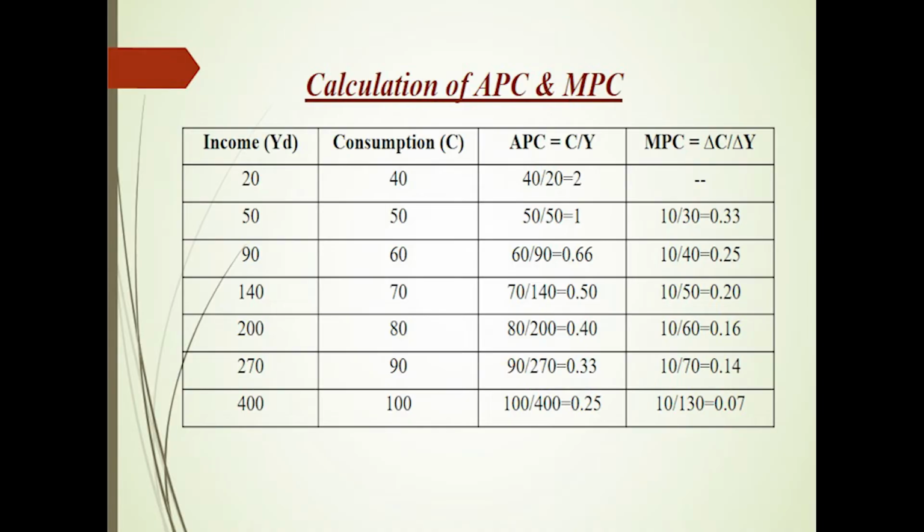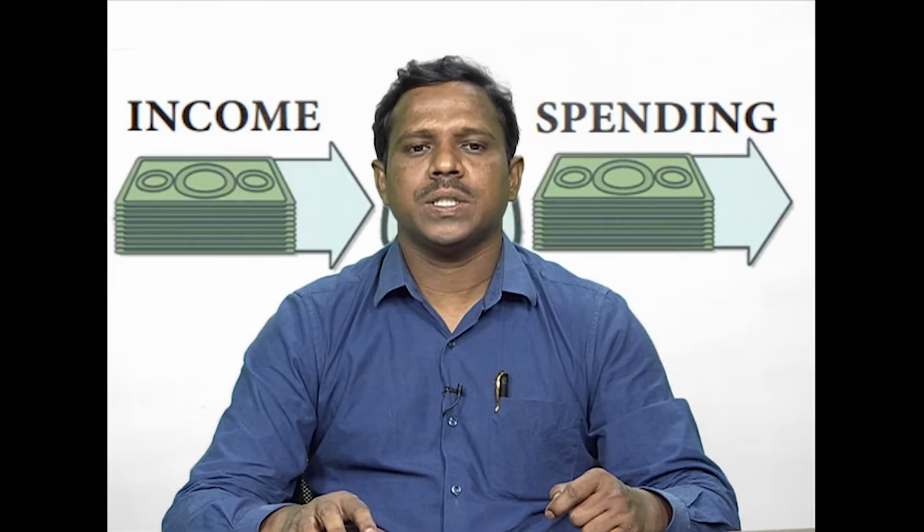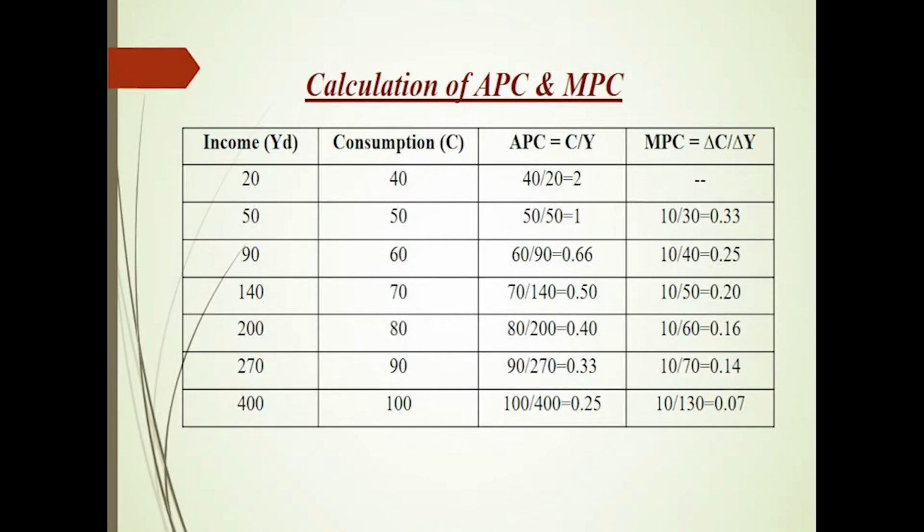So, in the initial stage when income is less, at income 20 rupees, consumption is 40, and when income increases from 20 rupees to 50, consumption is 50 rupees. If income increases to 90 rupees, consumption increases less than the income, so it is 60. If income increases from 90 to 140, consumption is 70 rupees. Income increases 200 to 270, 270 to 400.